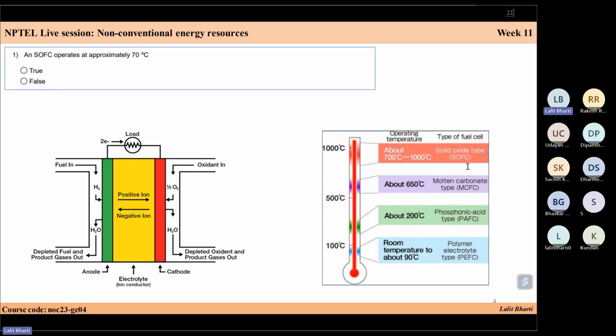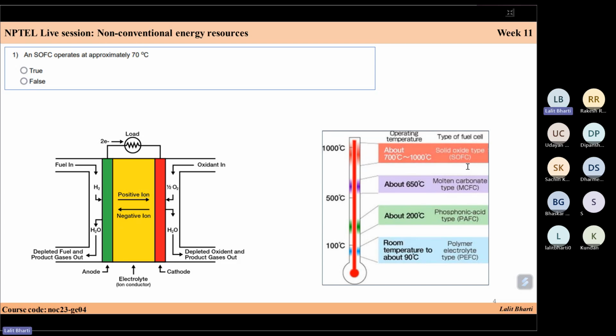It is an electrochemical cell that converts the chemical energy of a fuel, by oxidizing the fuel, into electricity through a redox pair of reactions.